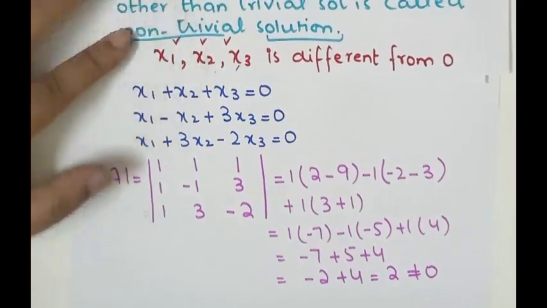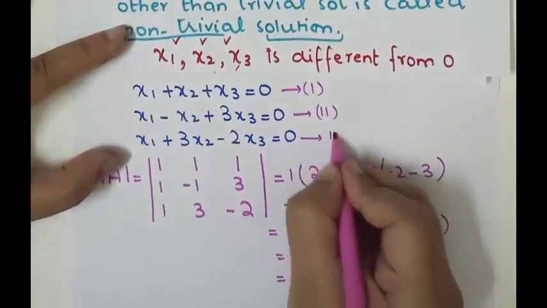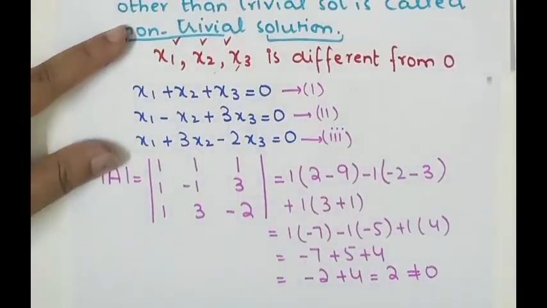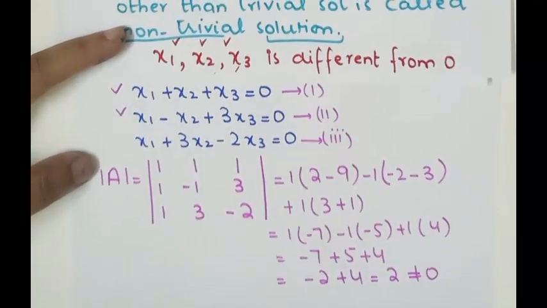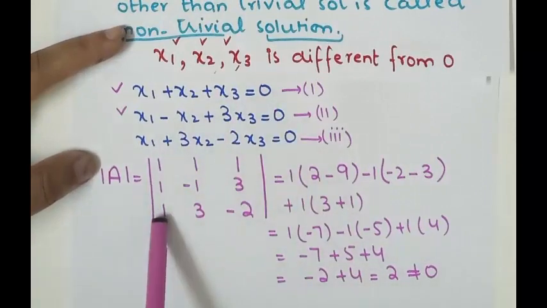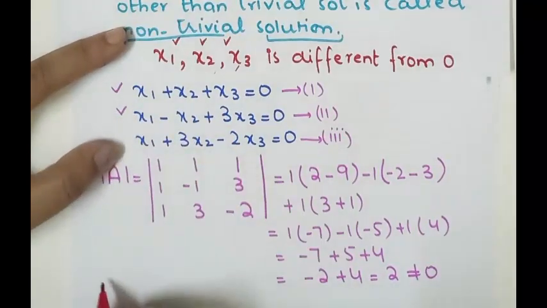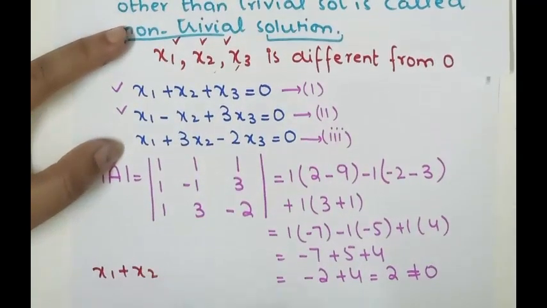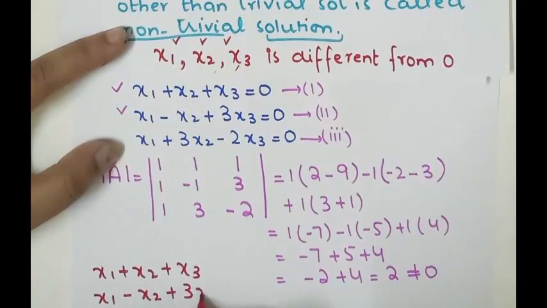Now let me label this equation as 1, this one as 2 and this one as 3. First we will solve the first two equations, because we have to find the values of x1, x2 and x3, which is the solution set, and it will tell us whether this is a trivial solution or not. So we solve x1 plus x2 plus x3 and x1 minus x2 plus 3x3.